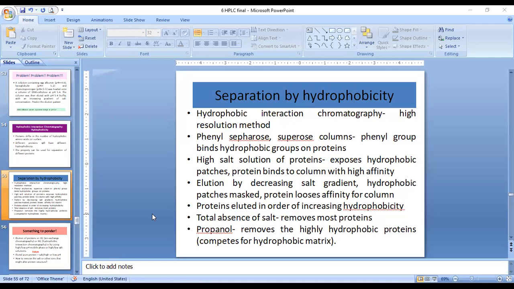Now you can imagine that different proteins are there in the mixture. They have different hydrophobic character, and because of that, the proteins are binding to the column. There may be say 4 to 5 different proteins already binding to the column. So how are we going to elute the proteins out of the column one by one?